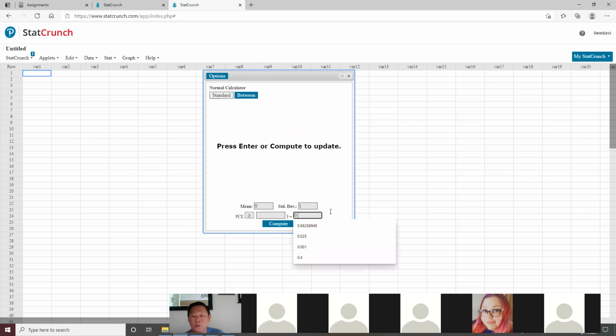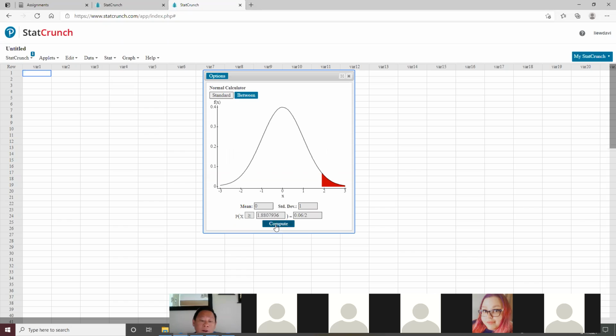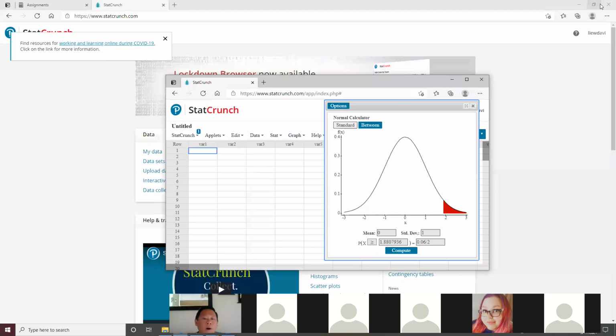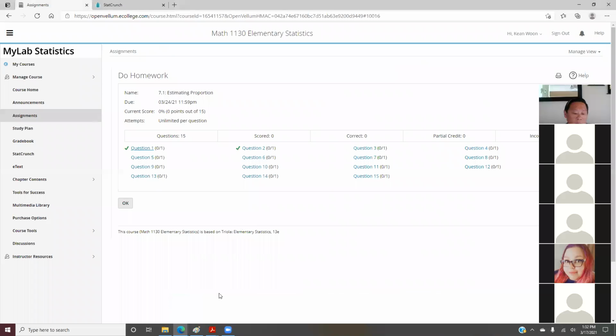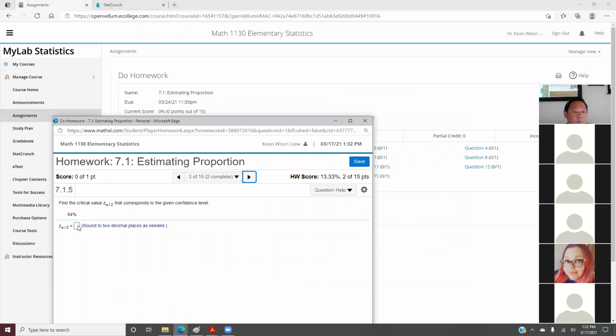This is the one that you use your alpha, 0.06. But don't forget, you have to divide this by 2 because you have 2-sided. Whatever your answer comes out to, this is your answer. So your answer in this case will be 1.88.